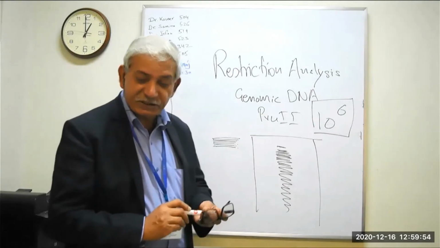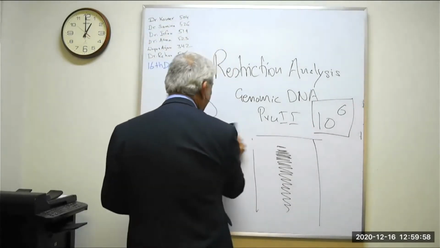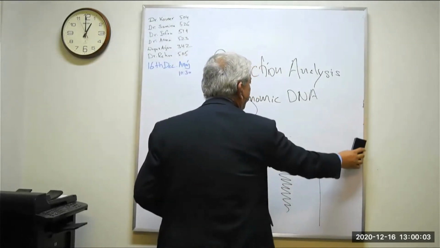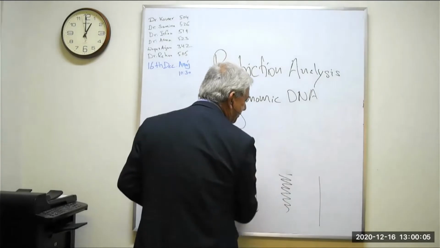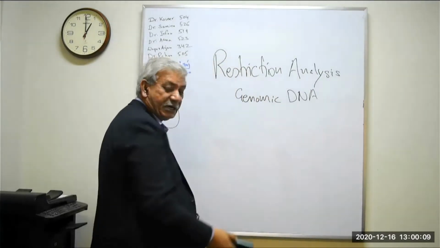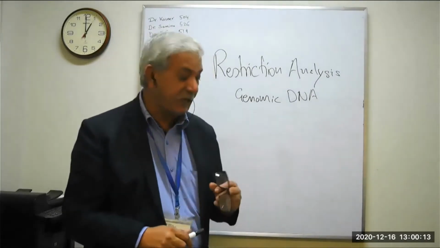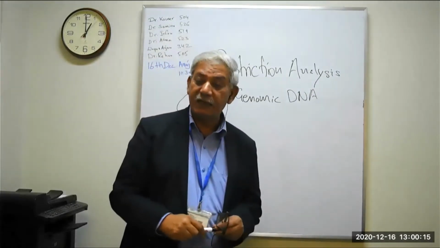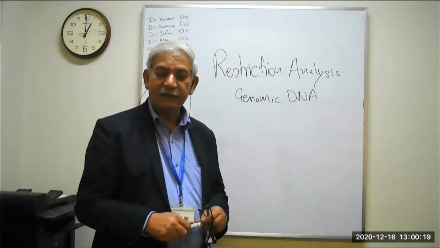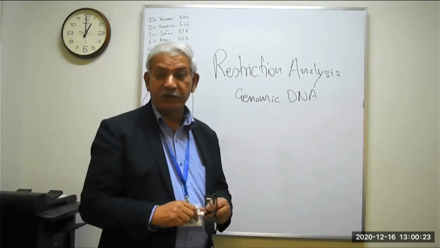Now, regarding the restriction setup, last time we saw that our chromosomal DNA was close to the well after running about 30 minutes. On the other hand, if we remember experiment number 3, the plasmid DNA appeared as a couple of bands, and it migrated very well on the gel because it was a small molecule.